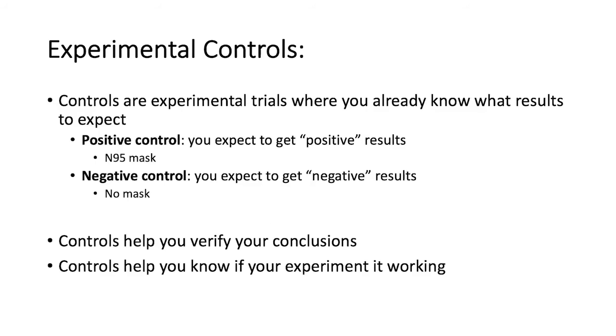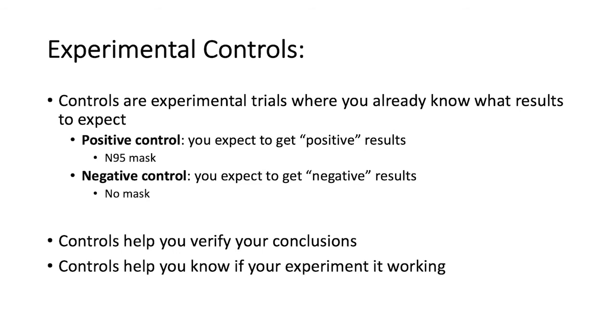And then there are a couple more things that we want to throw into our experiment to make sure it's really thorough and complete. So we need experimental controls. What trials are will start to make sense as we proceed through the course and do more experiments. But controls are experimental trials where you already know what results to expect.